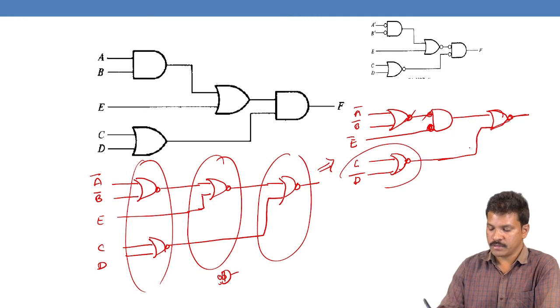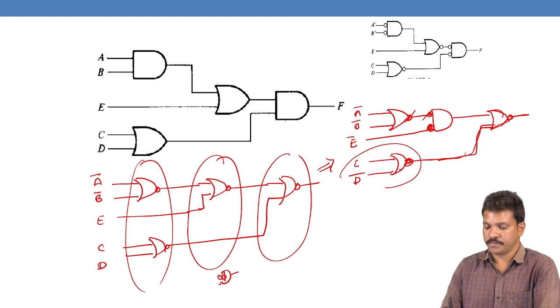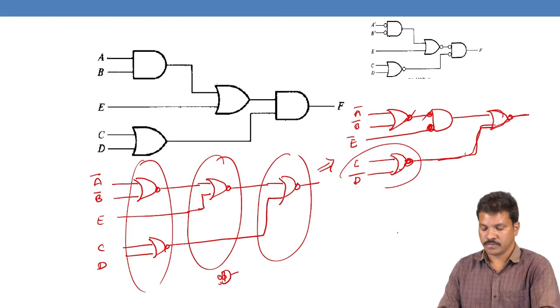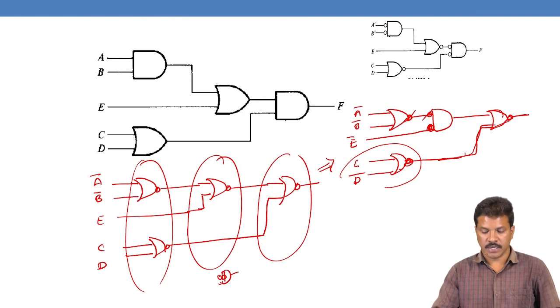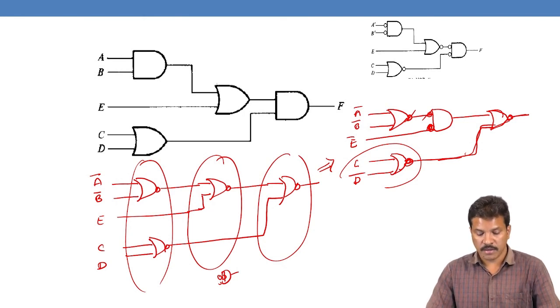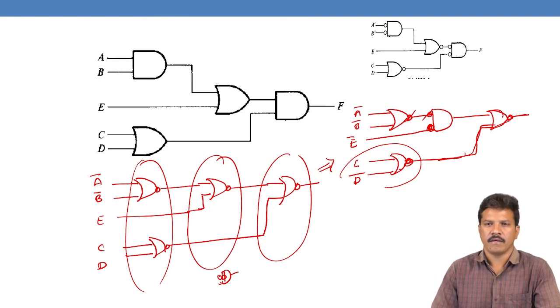It is not possible to convert this bubble to the uncomplemented one, so we will see that in the next class. In this lecture, whatever the given Boolean function, we need to convert it to multi-level NAND and NOR implementation.